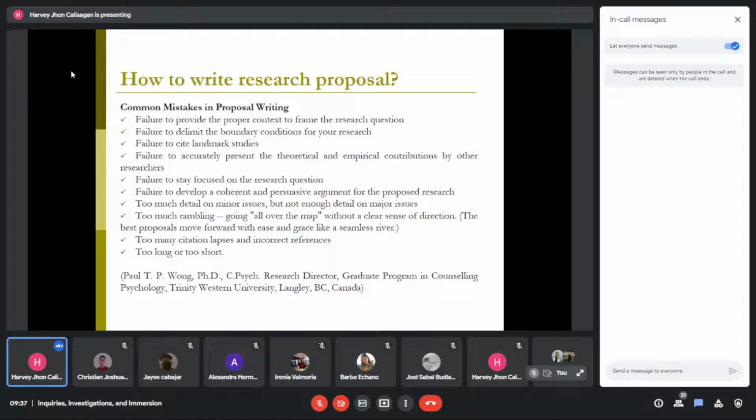Okay. Another is too much detail on minor issues but not enough detail on the major issues. Let's go back to the key terms, and start understanding the purpose of knowing the variables in every study.